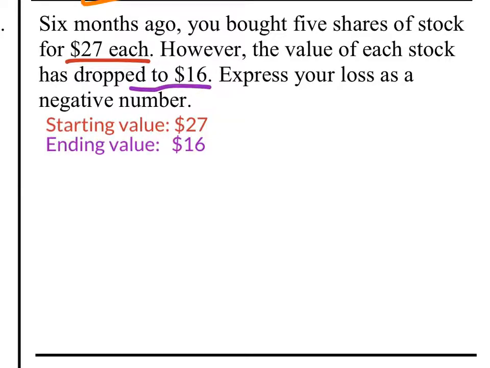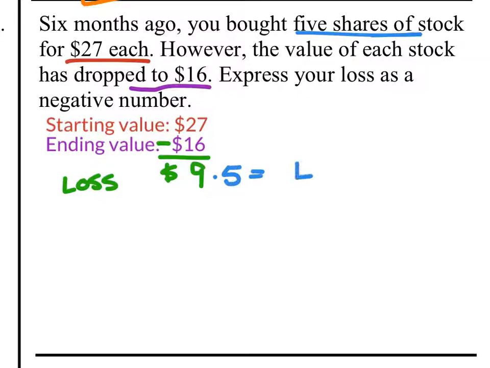Now they do want us to figure out the loss first. Now this would just be for one stock, right? So when I subtract these, I get $9 in loss. Okay? Now the thing is, there were 5 shares of this stock, right? So I would take the 9 and multiply it by the 5 shares, which would be $45.